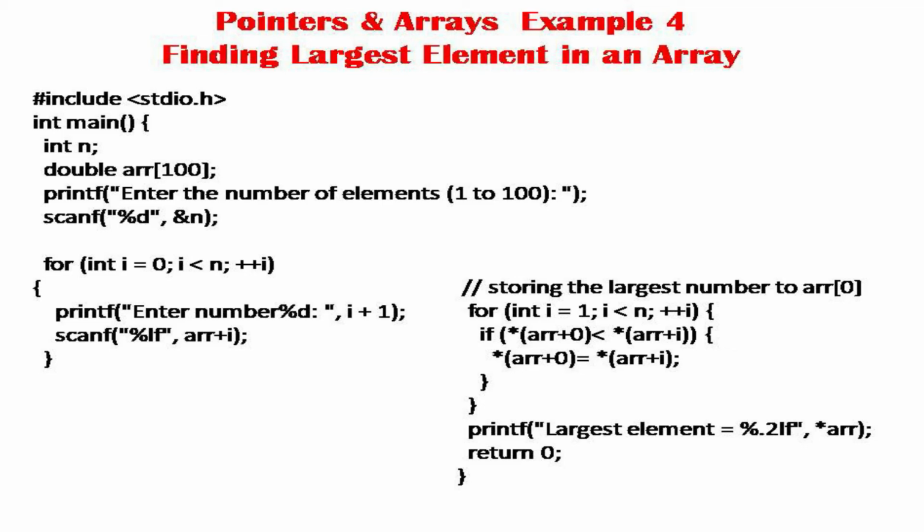The value over there less than asterisk of ARR plus i. i first time is 1. So if value at 0 is less than value at 1, that will be interchanged. Value at 0 will be equal to value at 1. So what exactly is happening? I am getting the largest element to be stored at ARR of 0, and finally I am printing it, displaying it. Got that, friends?